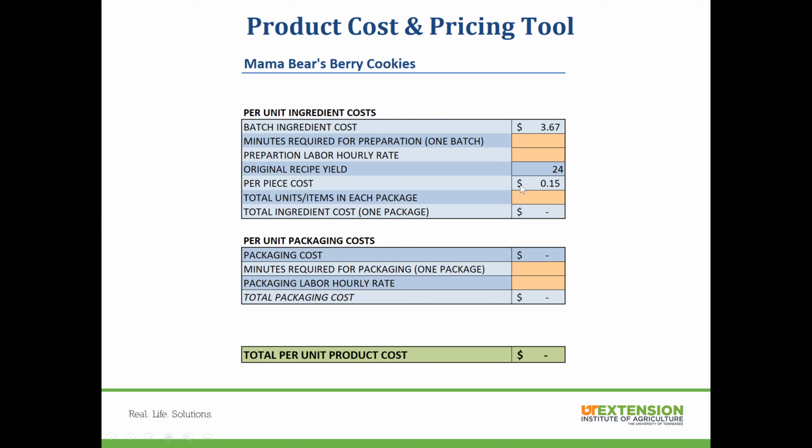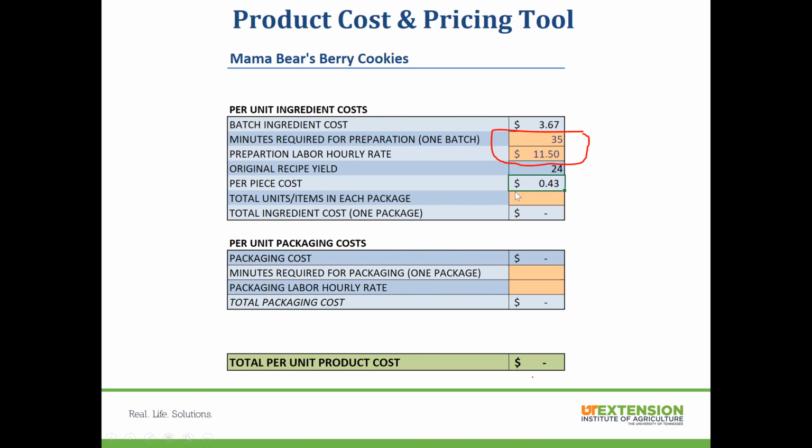All right, so now we want to consider the value of the time that's involved in making the cookies. So this can be either the time that you are spending to make the cookies, or how much you'd want to be paid for your time, or it could be what you're having to pay someone to do it. So we're saying that it takes 35 minutes of preparation time to make a batch of cookies, and we want to get paid $11.50 an hour for that time.